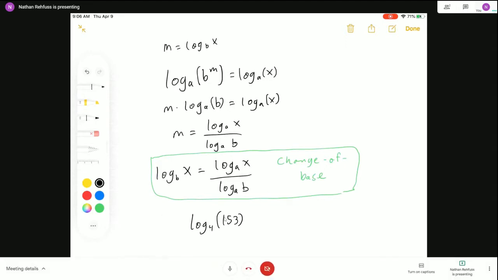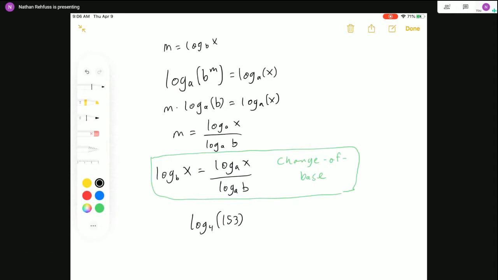Here I'm going to say, let's say 4 is b, and let's say 153 is x. So what is a? Well, a isn't defined on the left side of the equation. A can be anything we want. What if a is 10? Then this would be log base 10 of x, which is 153, and this would be log base 10 of b, which is 4.